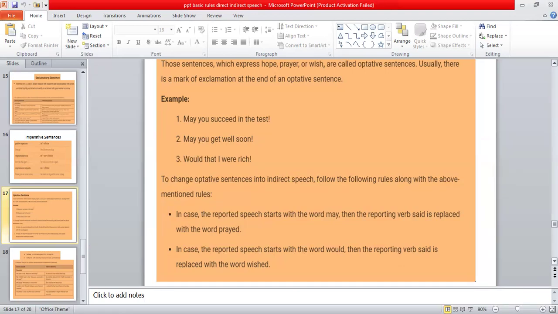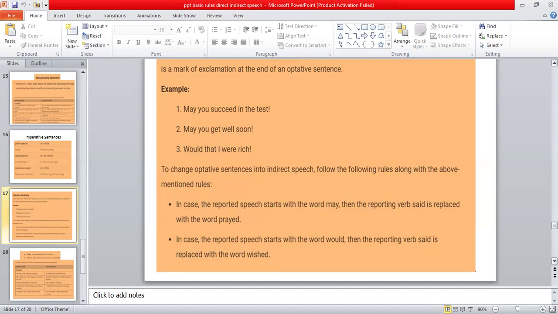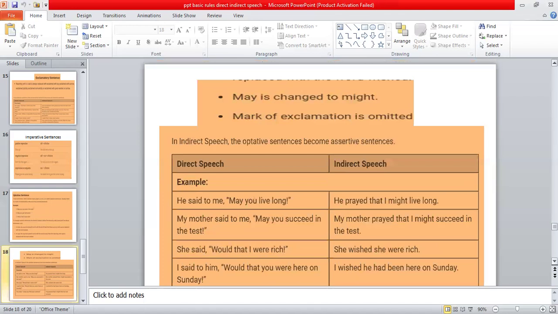In case the reported speech starts with the word would, then the reporting verb said is replaced with the word wished. If you see that the direct speech is beginning with the word would, then said will be changed into wished. So in this way, you can change the optative sentences from direct to indirect speech.